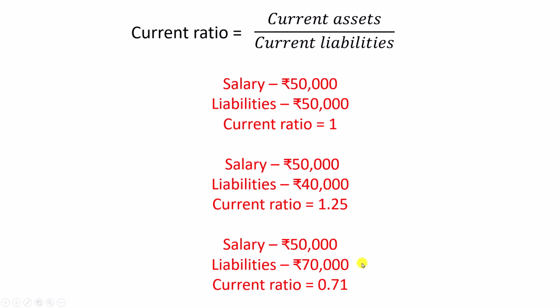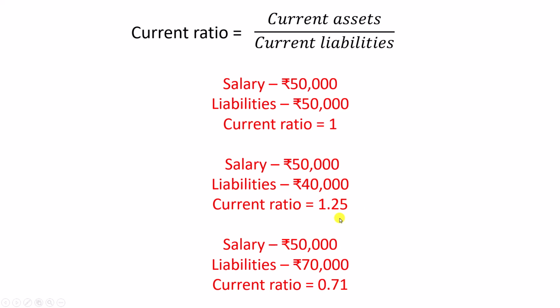If it is less than 1, then it means current liabilities are more while current assets are less, which means that it will have to take loan from somewhere just to pay for the expenses, which is not a good sign. So what we want is a company with current ratio of more than one.